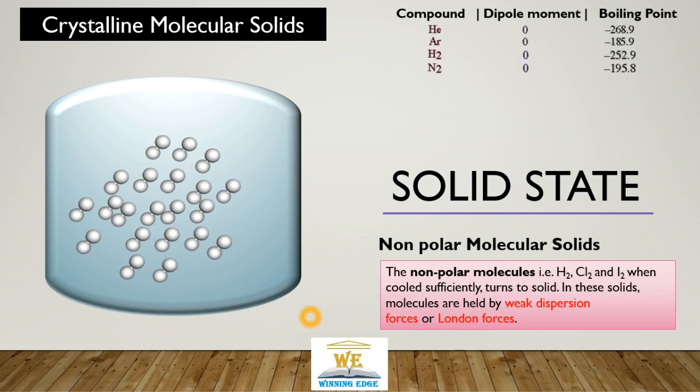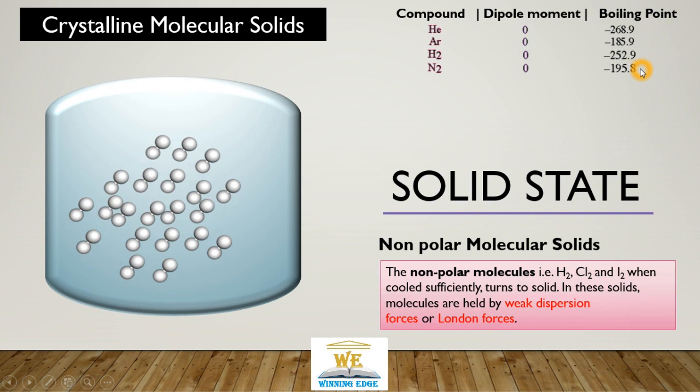Examples: hydrogen, helium, argon, and nitrogen, all having a zero dipole moment. On the absolute Kelvin scale, we see helium at minus 268.9 degrees Celsius, which means around 4 Kelvin.